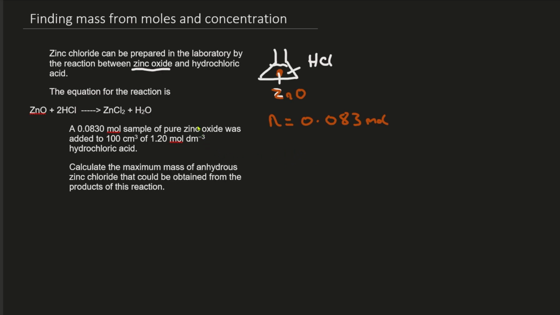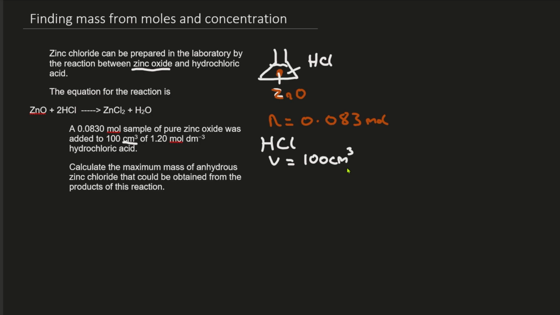Interestingly, we've got the volume and we've got the concentration. Now we know it's a volume because it's centimeters cubed. When you've got a three-dimensional unit there, you should be thinking instantly volume. So let's look at the HCl: the volume equals 100 centimeters cubed. Generally when you're doing A-level chemistry, you have to put things in the right units.